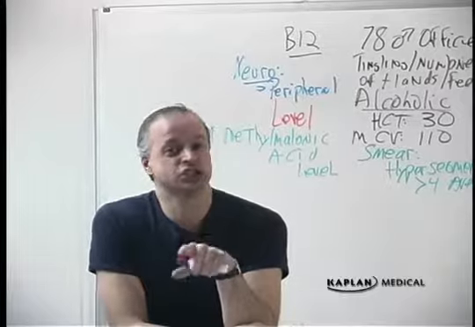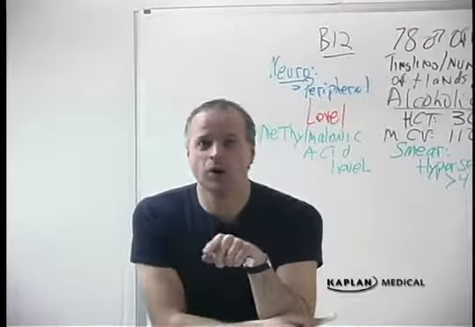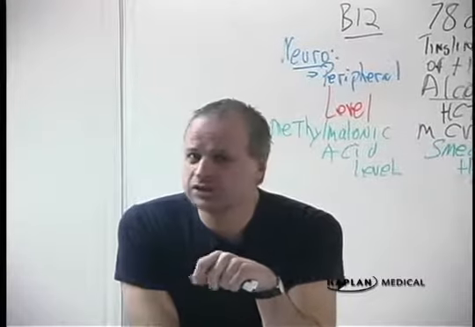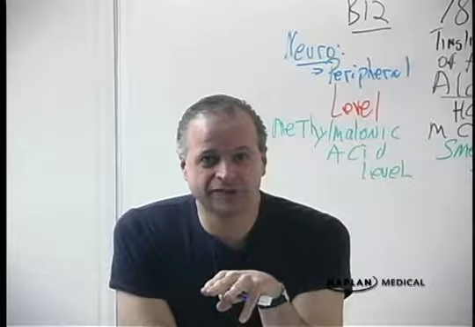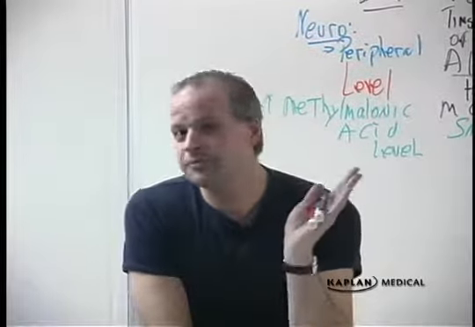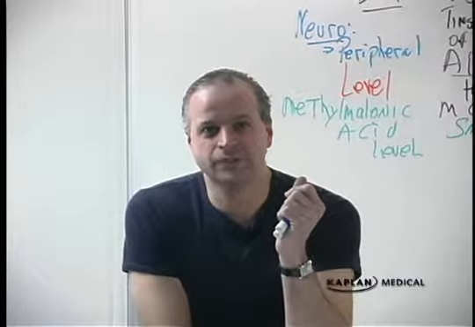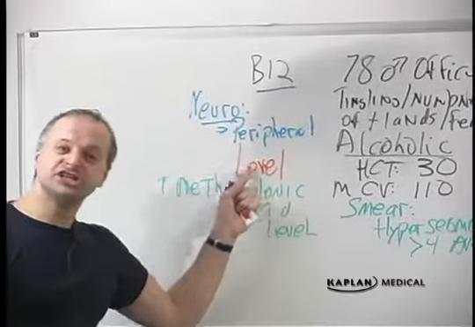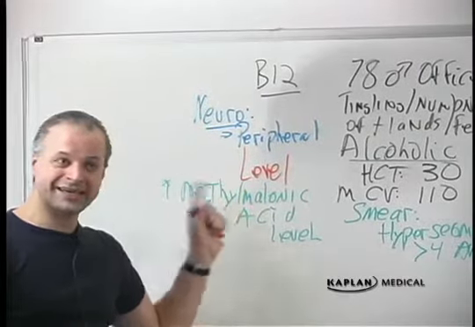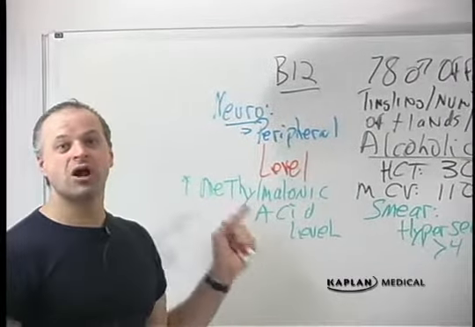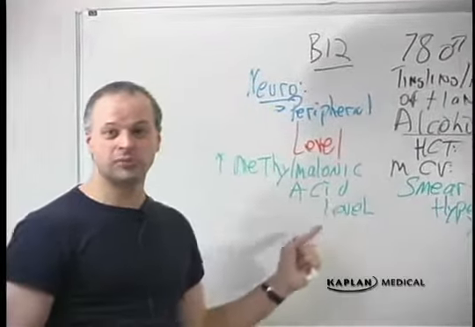transcobalamin, the transporter protein for B12, is an acute phase reactant. Somebody steps on my toe, I get an infection, I get stress, I get trauma, I get cancer, my transcobalamin level can go up. And it can make the B12 level artificially normal. Even though you are deficient, it can become artificially normal.